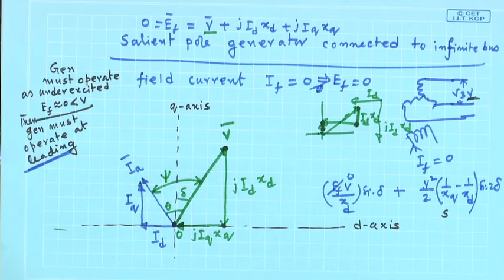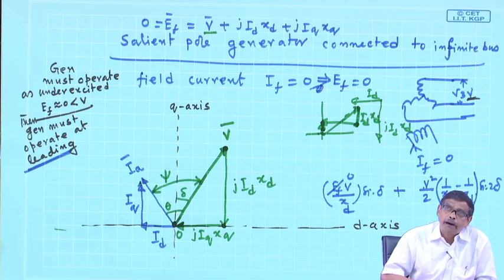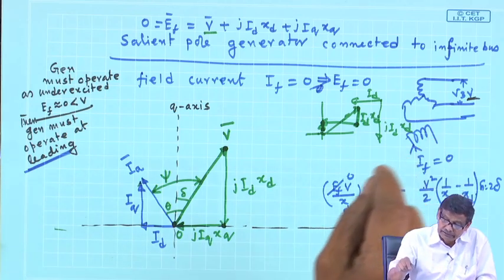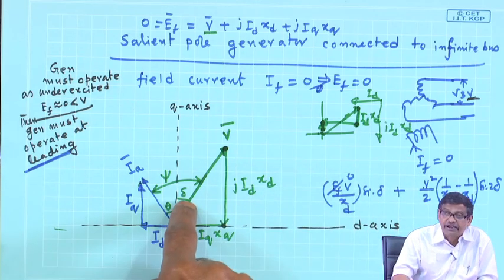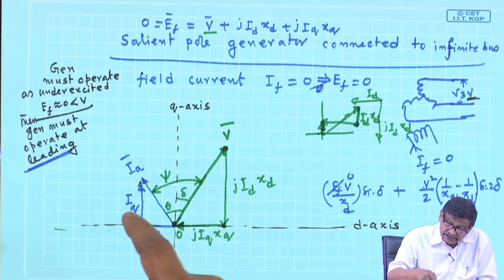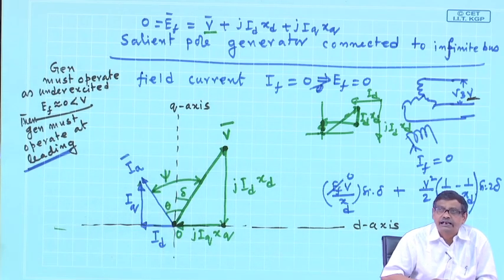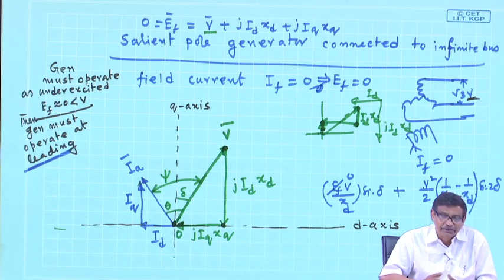Therefore, a salient pole generator, even with its field current 0, connected to the bus can pump power into the bus at some specified angle delta, but at leading power factor. This salient pole generator cannot operate under lagging power factor.